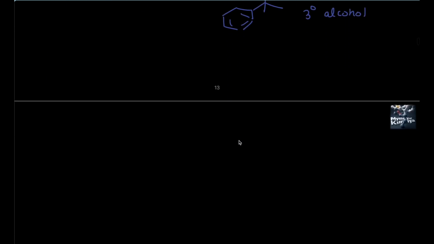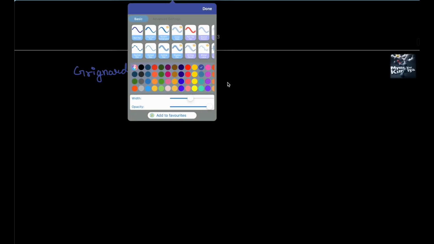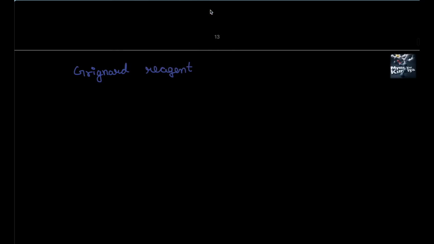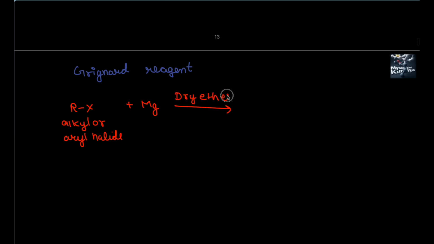Now let's start with a new compound, the Grignard reagent. Grignard reagent can be formed by using an alkyl halide or aryl halide, reacting it with magnesium and using dry ether as solvent.